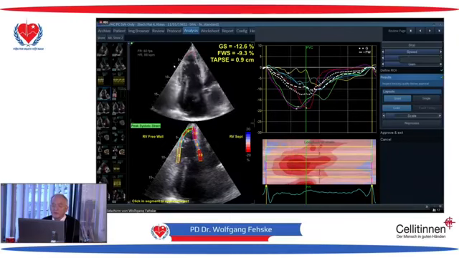We have a global strain of the whole ventricle, and you see that this wall, the free wall of the right ventricle, which corresponds to the RCA, is completely akinetic. You see here that this area does not move at all. It makes a post-systolic contraction, and what we can calculate is the free wall strain, the global strain of the free wall, which should regularly be more than minus 20%. Better would be minus 30.